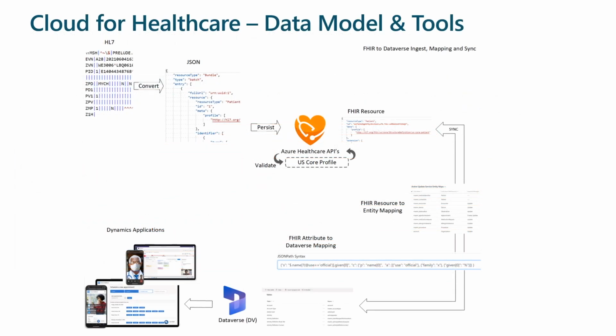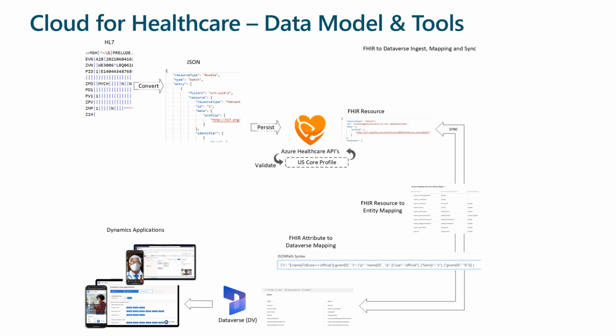So far, we have covered the FHIR Sync Agent data flow, the FHIR concepts that you need to understand before you do the mappings, the Dataverse tools that are available to do the mappings, and also went into detail about each field that is available on the entity and attribute maps.